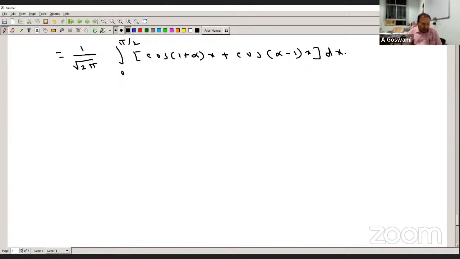So now I think you can evaluate it, because in terms of cos you will get sine, and ultimately you will put the values over here. But I think the result will come something like this.